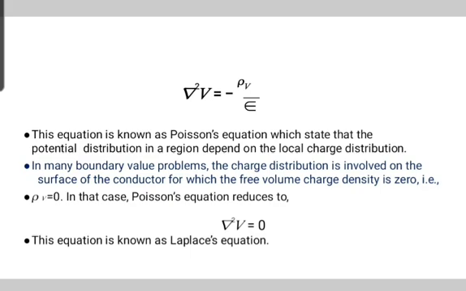Here V is the electric potential or voltage, rho means charge density, and epsilon is permittivity.